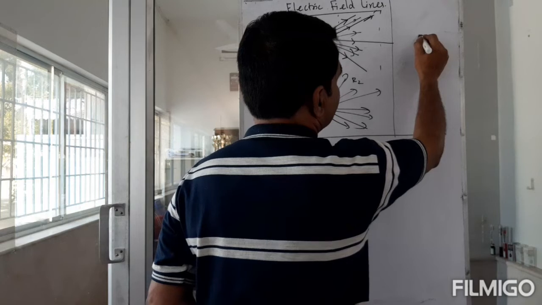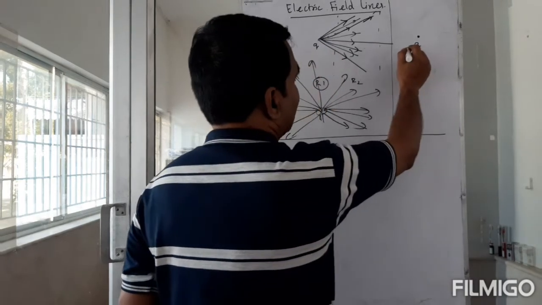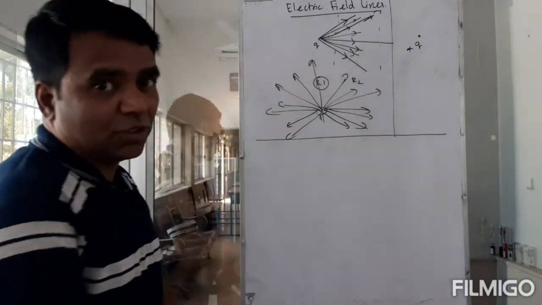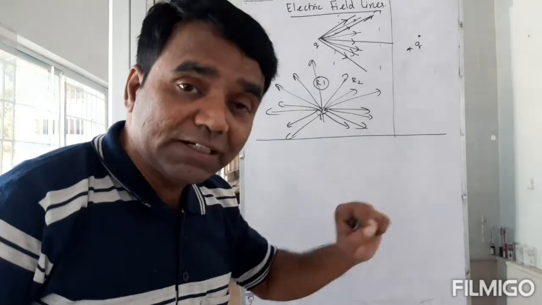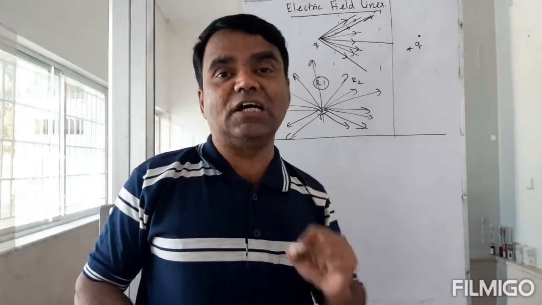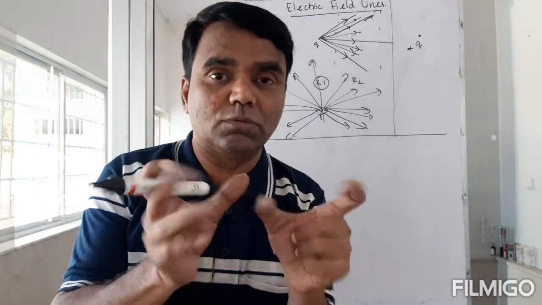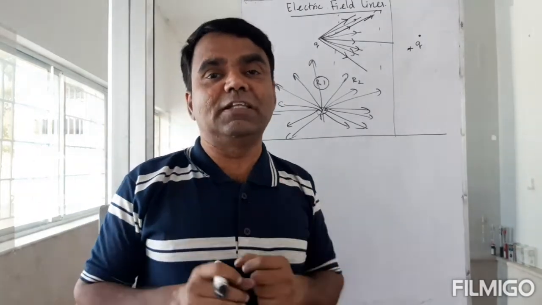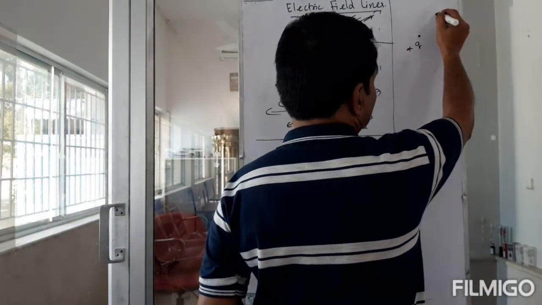How will the electric field lines be for a positive charge? I'm going to bring a unit positive test charge. In all cases, my test charge is going to be positive and of 1 coulomb value. I'll bring it here at this point.